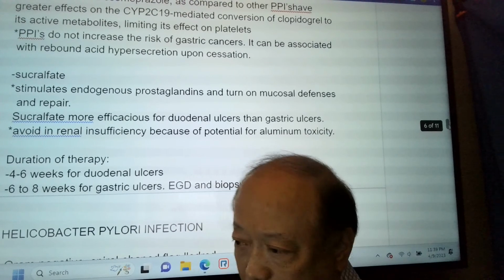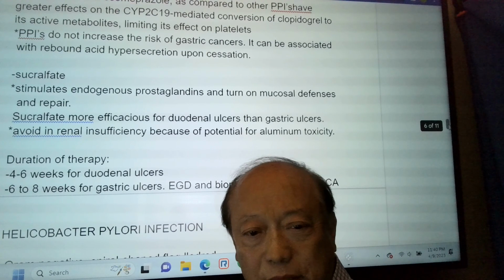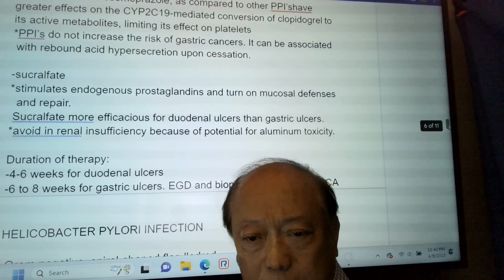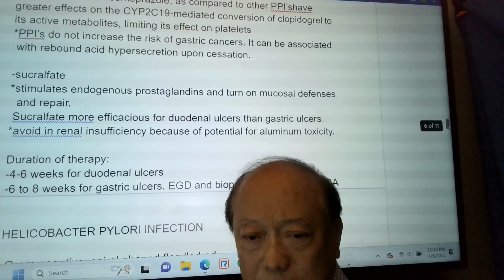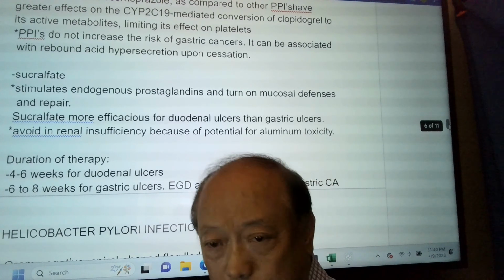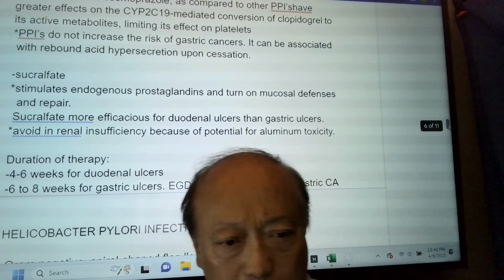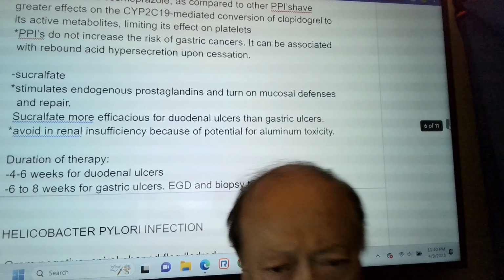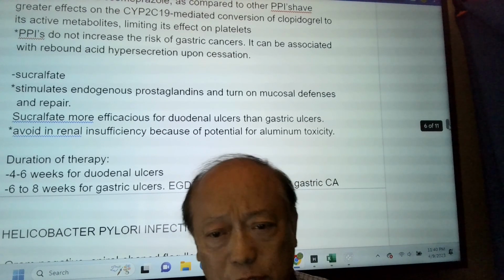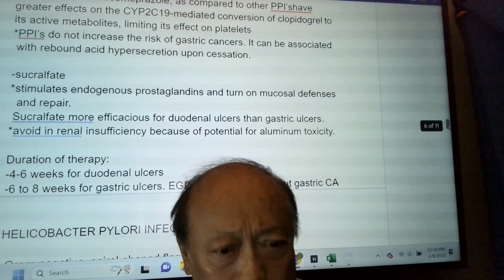Okay, sucralfate. It stimulates endogenous prostaglandins and turns on mucosal defenses and repair. That's how sucralfate works. Sucralfate is more efficacious for duodenal ulcers than gastric ulcers.